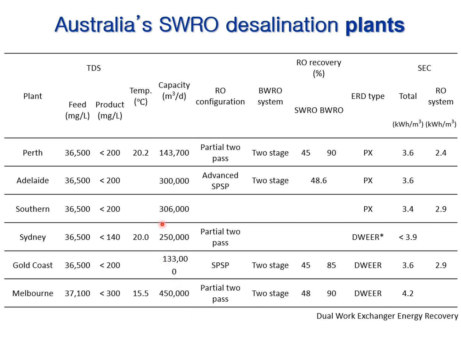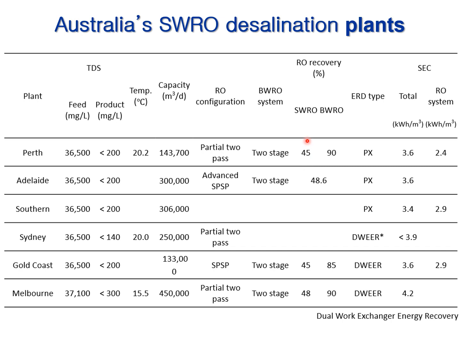Depending on the drought condition, the Sydney desalination plant is also planning to expand by another 250,000 cubic meter per day. For RO configuration, there are partial 2-pass, advanced split pass, and SPSP and partial 2-pass. They also utilize the second pass, mostly BWRO, in a 2-stage and 2-pass system.